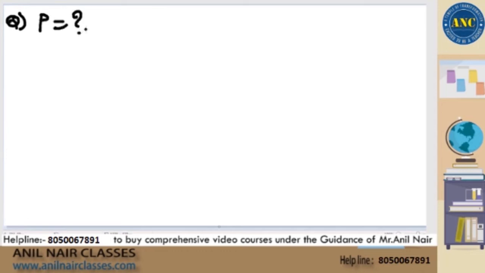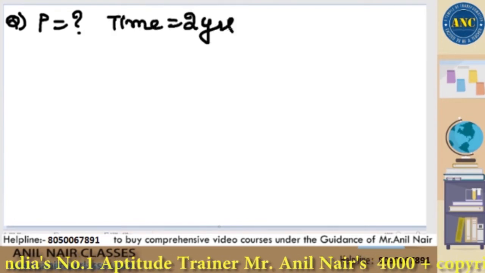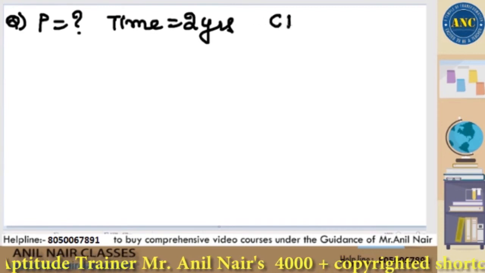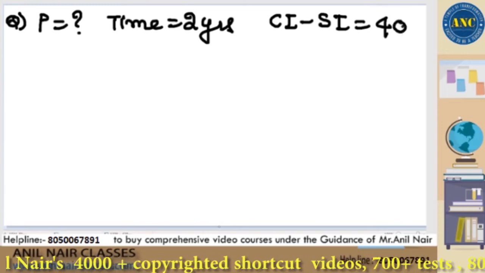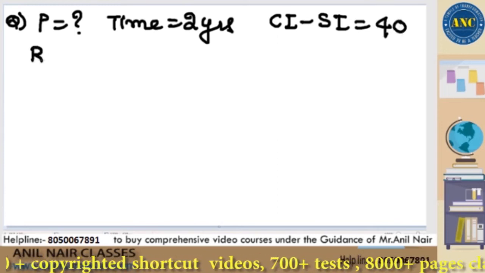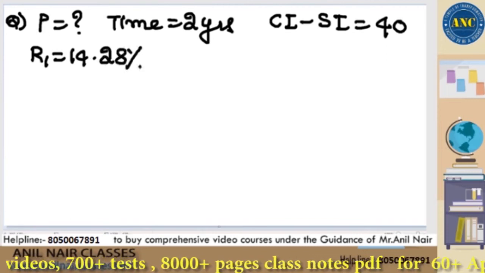Principal is how much? Time period is 2 years. CI minus SI is 40. R1 is 14.28%.